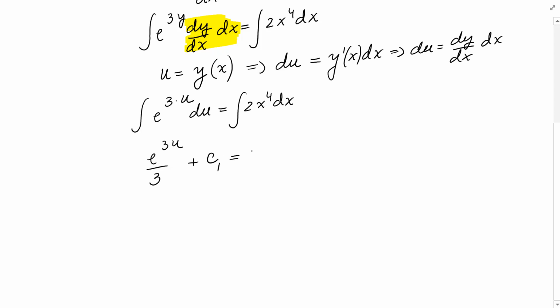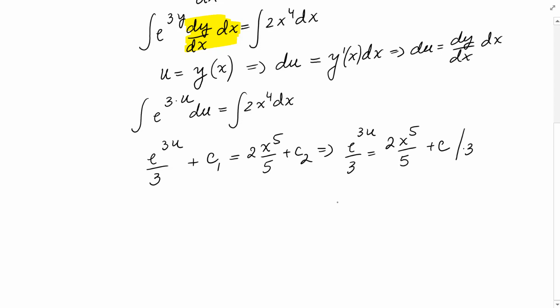The right-hand side is 2x to the 5th over 5 plus c2. So basically, e to 3u over 3 is equal to 2x to the 5th over 5 plus c1 minus c2. So a constant minus another constant, I can just say it's some constant.